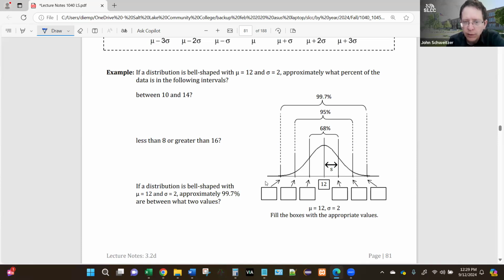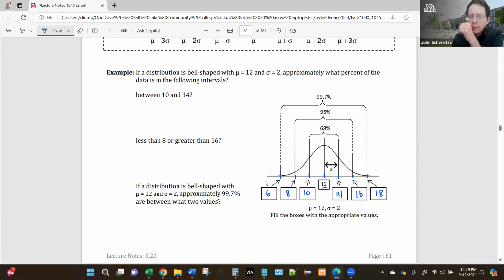So I go 12 in the middle, plus 2, plus 2, plus 2, and 12 in the middle, minus 2, minus 2, minus 2. That sets up these tick marks on the x-axis. Then we start applying that rule.